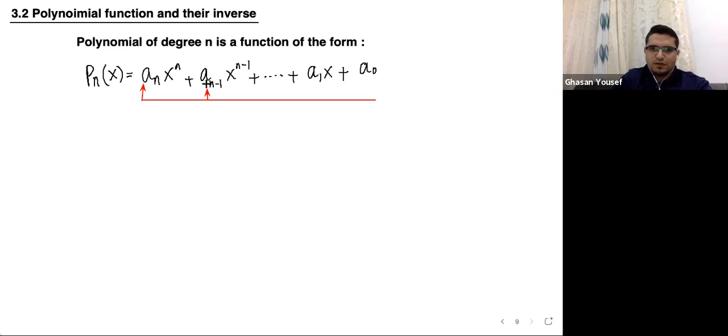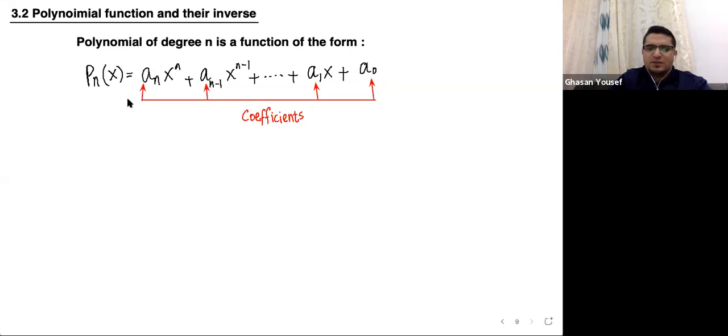All of these are called coefficients. And we should know this a_n is called the leading coefficient. This is just a definition.